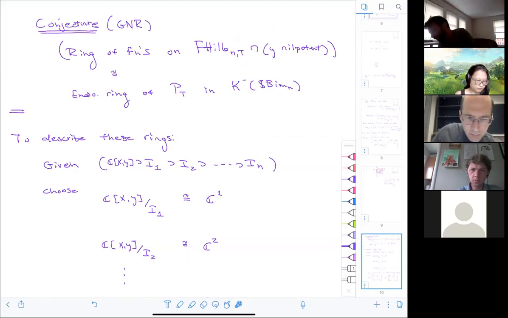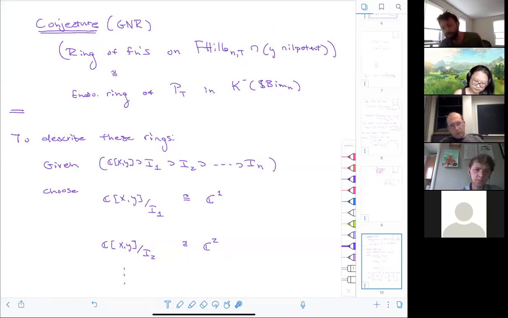Anyway, this somewhat abstract ring of functions on the flag Hilbert scheme is supposed to be isomorphic to the endomorphism ring of this projector PT.